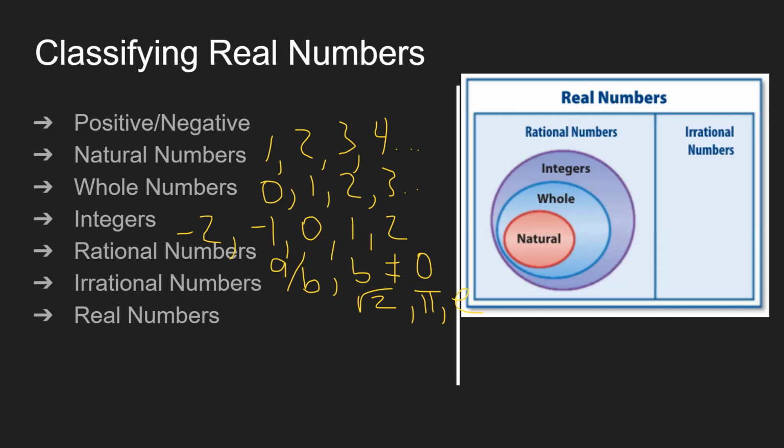It contains all the whole and natural numbers and all the negatives of those numbers. Then rational numbers contains all of those numbers and all of the fractions as well. Then irrational numbers are kind of unique. They are all the numbers that don't fit into rational numbers. And then real numbers is everything put together.